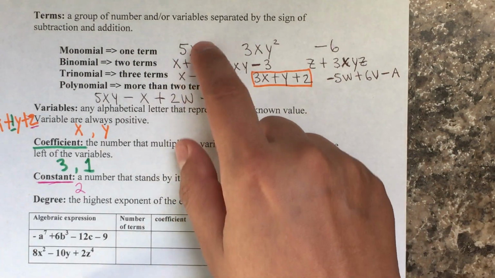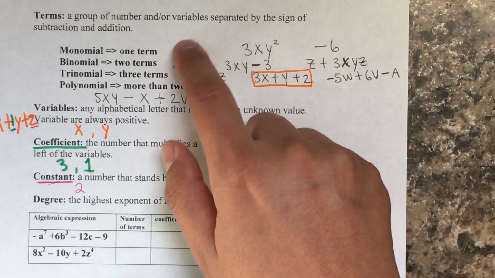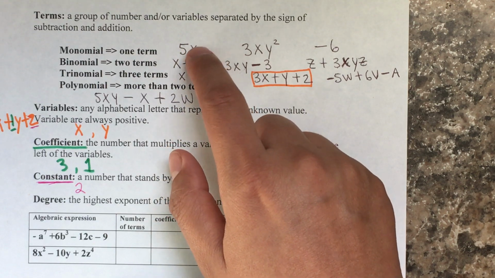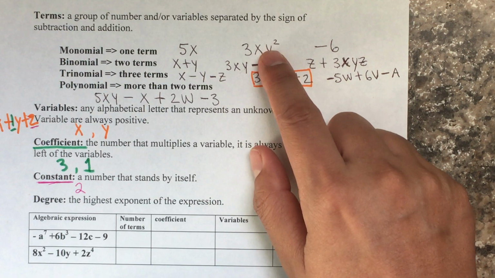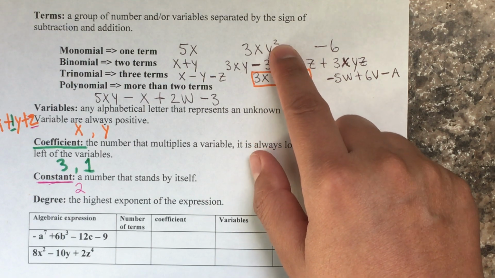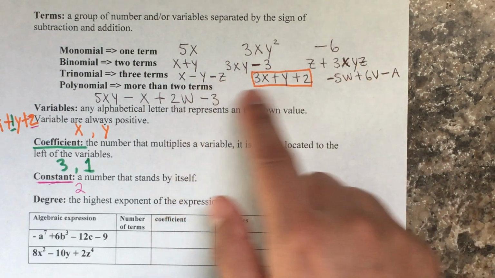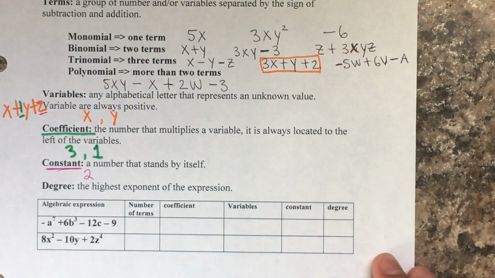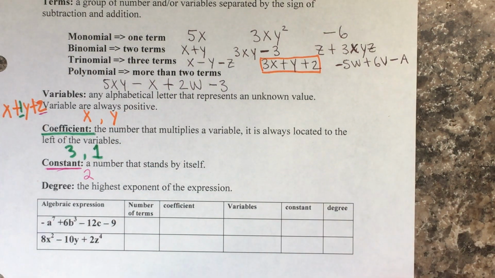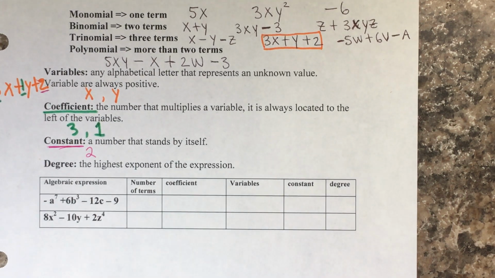And here the degree is 1 because there is no exponents. That means that it's a 1. In here, for this monomial, the degree is 2 because that's the highest exponent. And I think those are the only ones that I put. The rest are just 1 because they don't have an exponent.